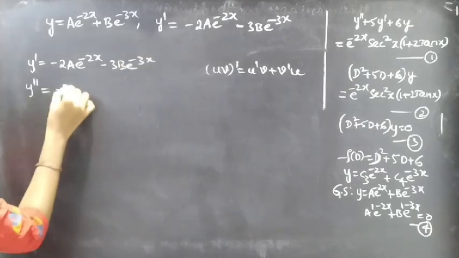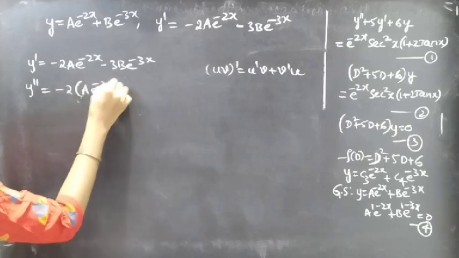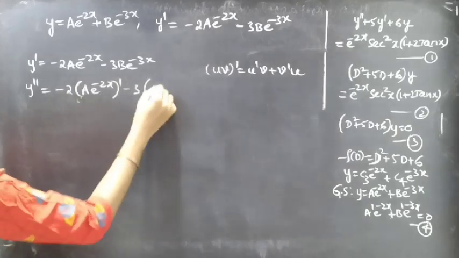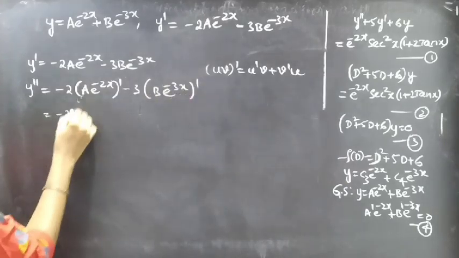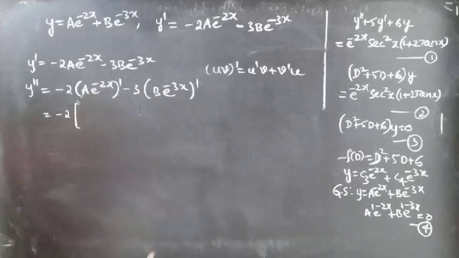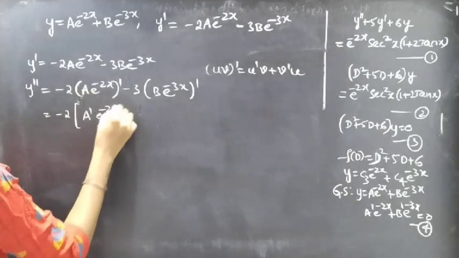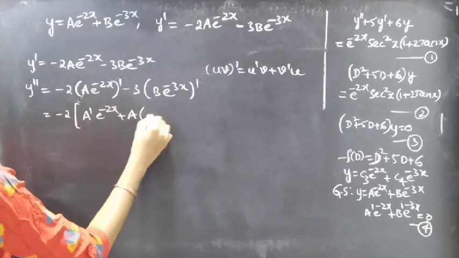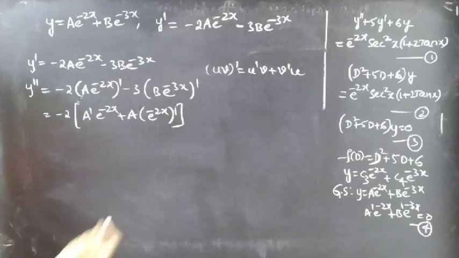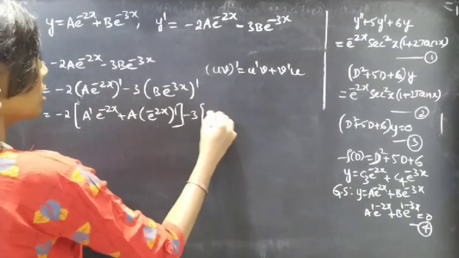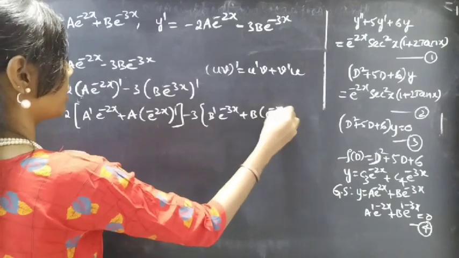y double dash equals minus 2 of a e power minus 2x whole dash minus 3 of b e power minus 3x whole dash. This gives us minus 2 of, here we need to apply the uv whole dash formula again, a dash e power minus 2x plus a of the derivative of e power minus 2x, minus 3 of b dash e power minus 3x plus b of the derivative of e power minus 3x.